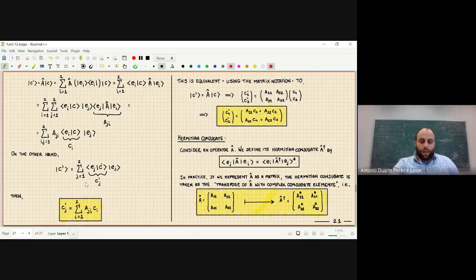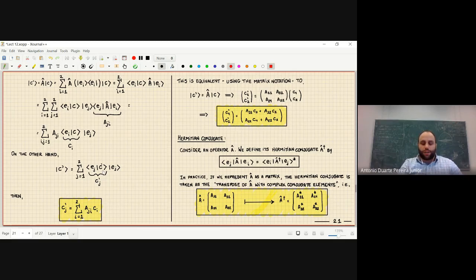But again, you cannot forget what the starting point is. The starting point was to write C prime as A times C, and then I just played with the resolution of identity and wrote C prime in the basis of the E_Js. And I'm just saying, well, I already knew that I could expand C prime in the basis of E_Js, because E_Js form a basis, and as a basis, I can expand any vector as a sum of them.